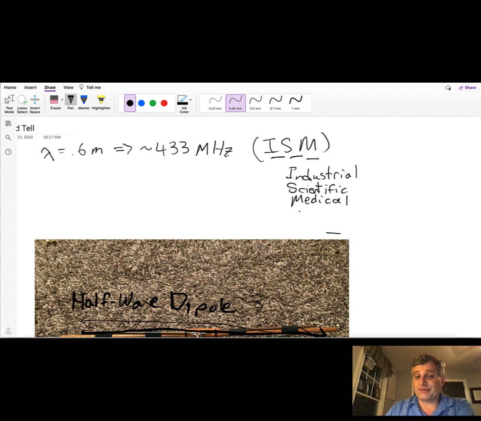This is very different from a licensed band, which is something you have to pay a lot of money for. You're paying for the privilege of excluding people from your spectrum, which is what the cellular carriers do.